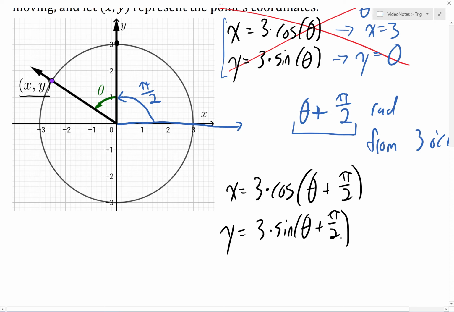This, again, is because theta plus pi over 2 is the number of radians from the 3 o'clock position, and then the cosine and sine functions do what we expect them to do. Remember, they output a number of radii, so we need to multiply that by the radius of the circle, which in this case is 3.